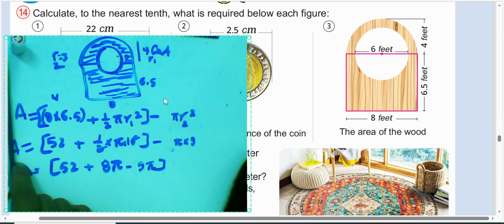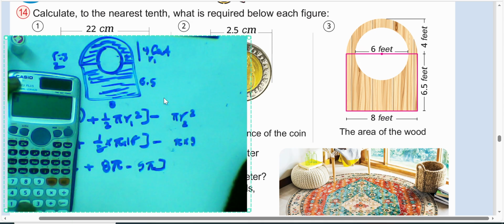The result will be, we can write 52 plus 8π minus 9π.